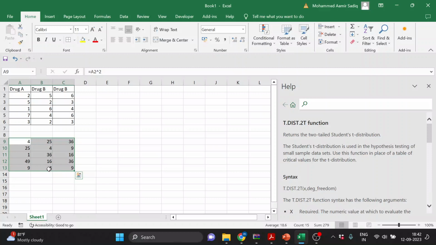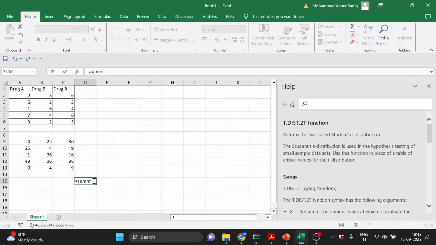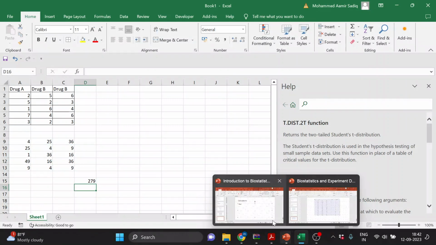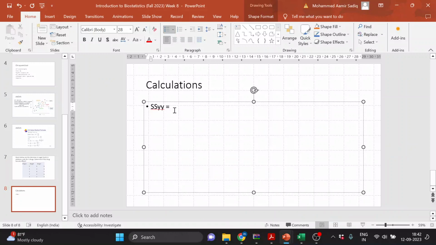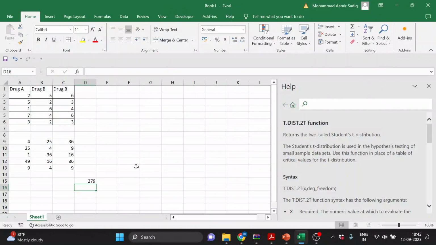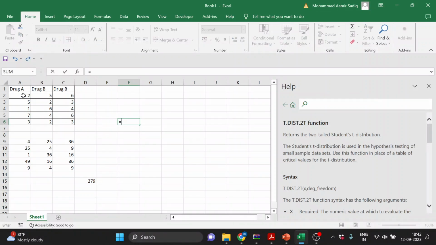This is your, and you take the sum of this entire thing, it's 279. What have I calculated? I've done sigma yi squared. So I've squared the yi's and added them. Minus, now I have to just add my yi's.